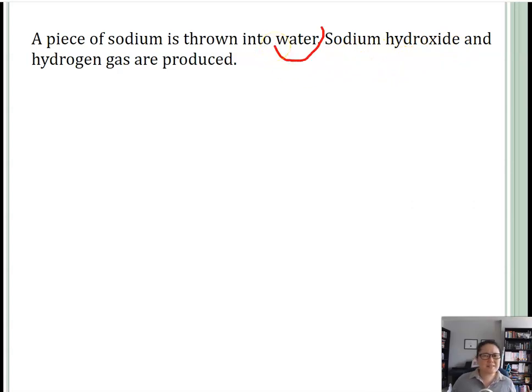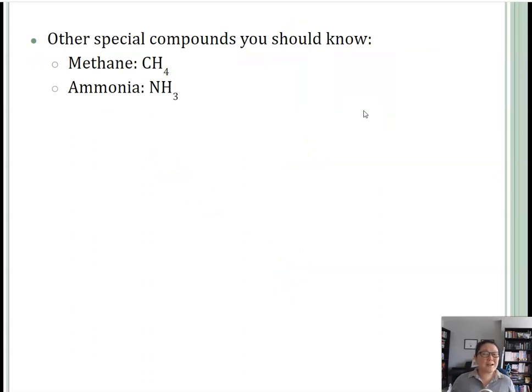That being said, in some small cases, you have more common names for certain chemicals. Water is one of the more well-known ones, and it is H2O. You aren't going to see that many common names, but two others that do show up quite a bit are methane, CH4, and ammonia, NH3.